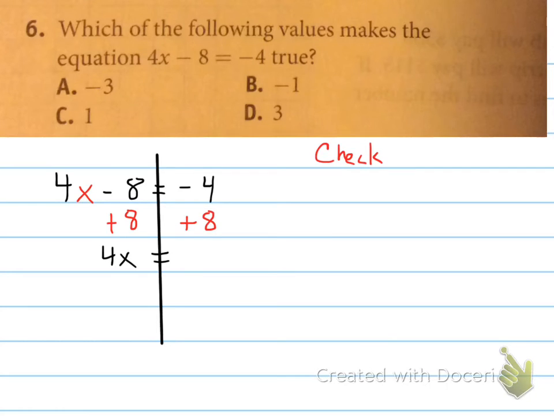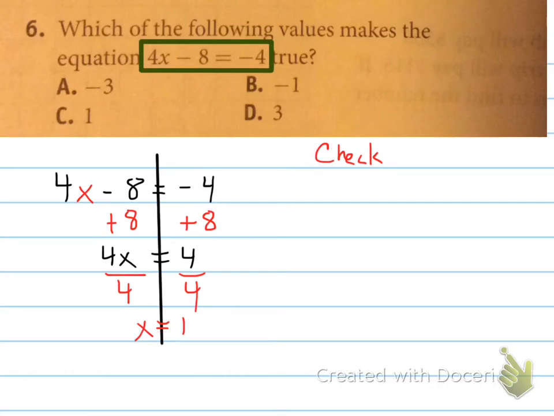That's a positive 4. Different signs, you subtract the two numbers. So hopefully now we can start to see it. But let's pretend we don't. 4 times x, so we're going to divide by 4. So x equals 1. So let's check that.